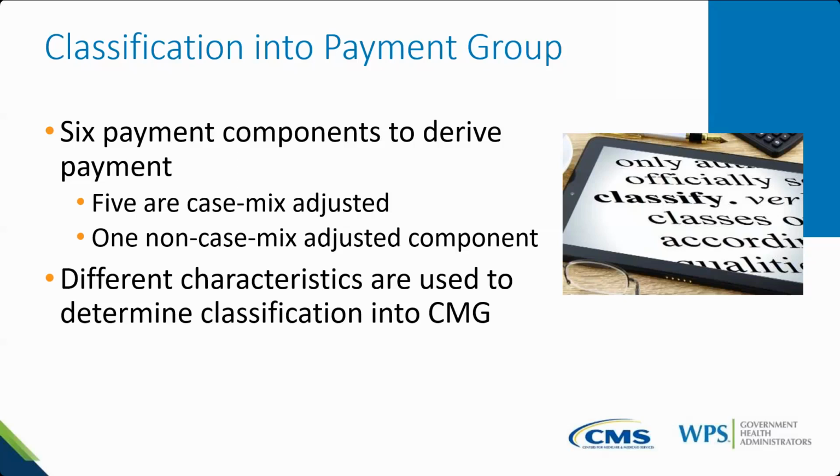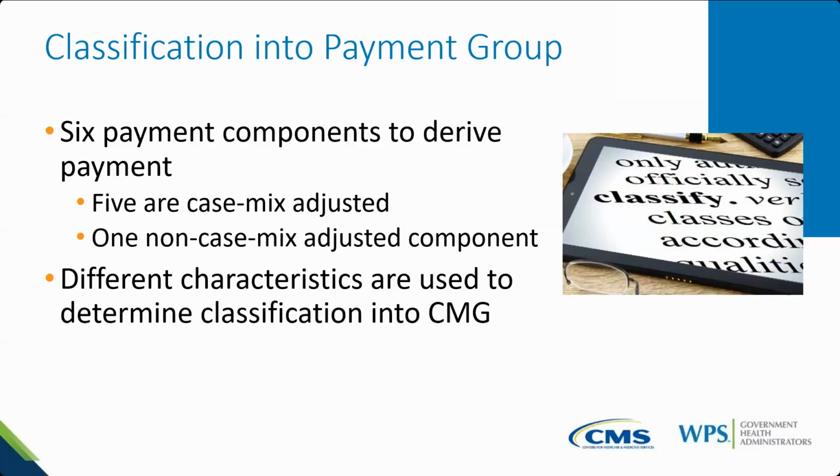So the payment for each component is calculated by multiplying the case mix index, or CMI, that corresponds to the patient's case mix group, or CMG, by the wage adjusted component based payment rate, then by the specific day in the variable per diem adjustment schedule when applicable.